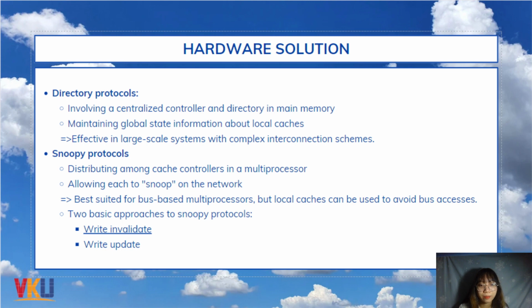There are two basic approaches to the snooping protocols. We call them write invalidate and write update.